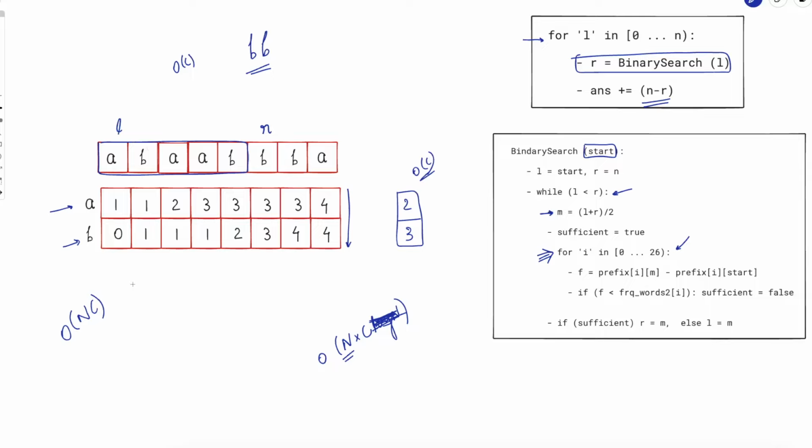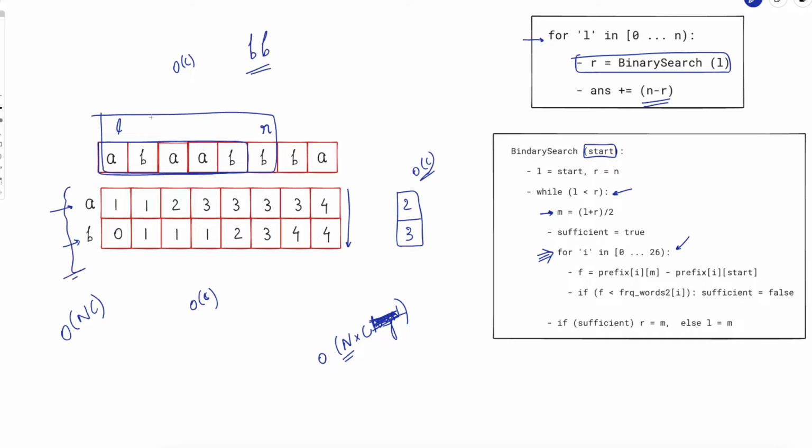So what will be the time complexity for each L? What you are doing, you are checking whether the current L to R is valid or not. For this valid or not, we have seen that we can simply figure it out in just order C time by using this prefix sum trick.